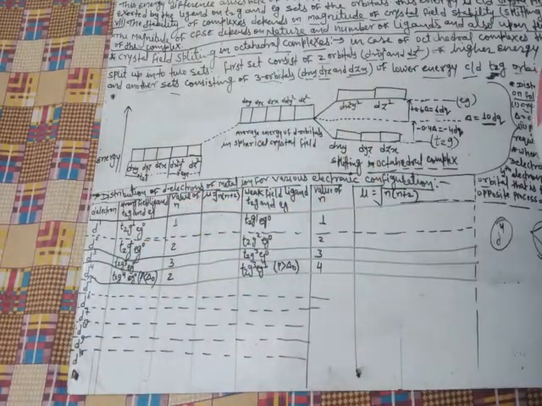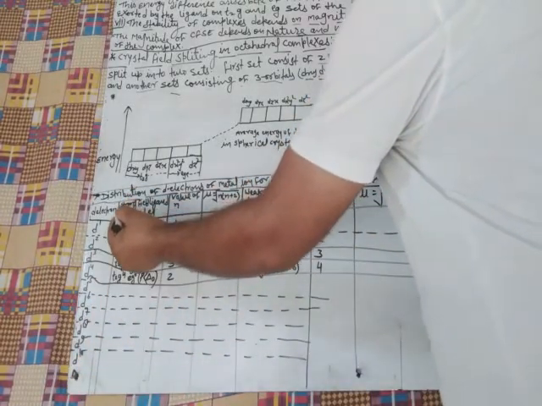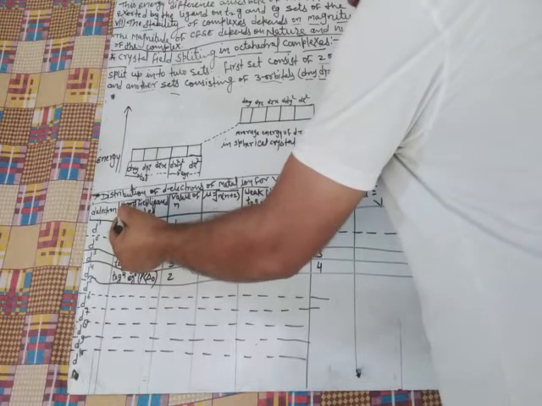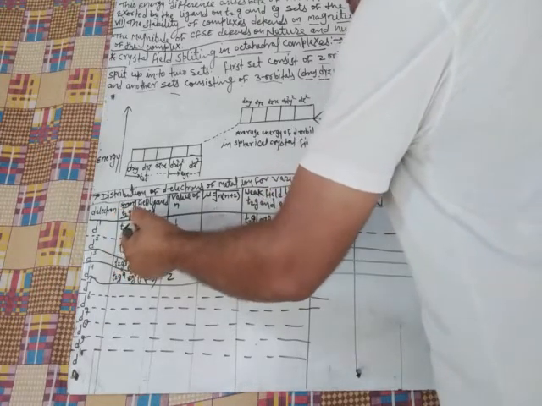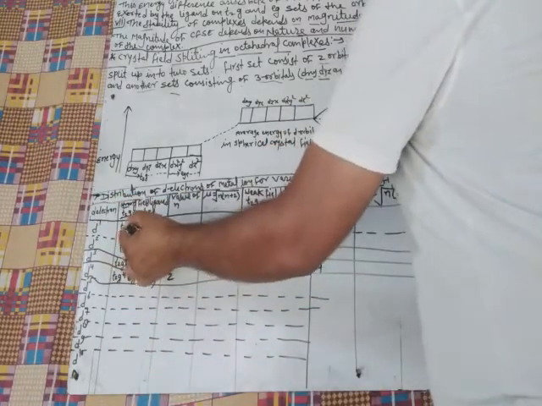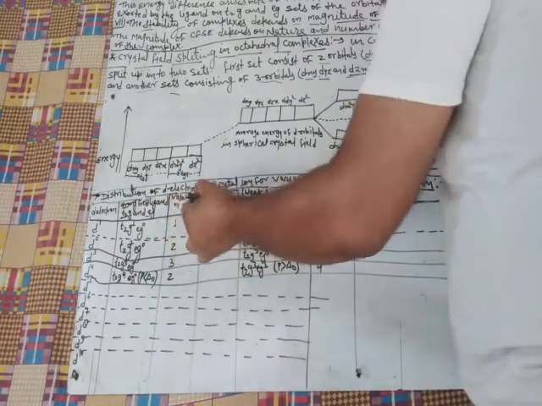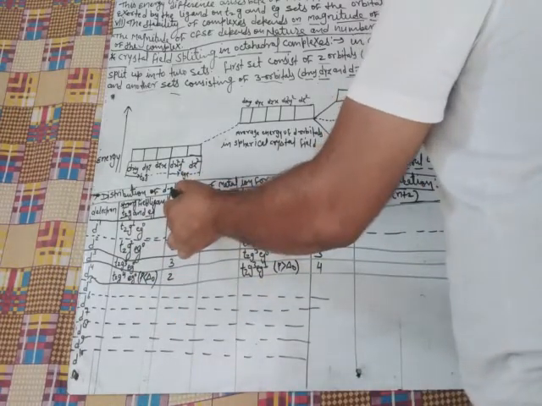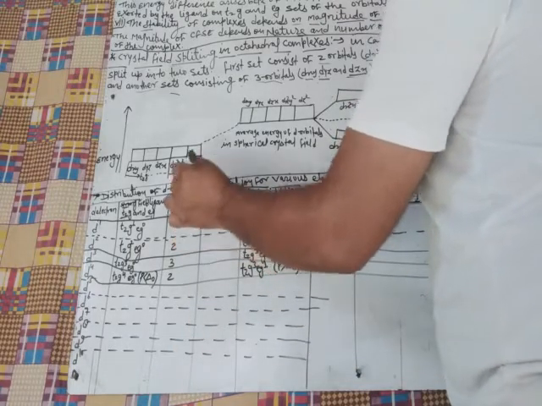How many electrons are present in the d block? 10 electrons are present. When the ligand is a strong field ligand, the electronic configuration in T2g and Eg: d1, T2g1, Eg0. The n value is 1. What is this n? n means number of unpaired electrons.